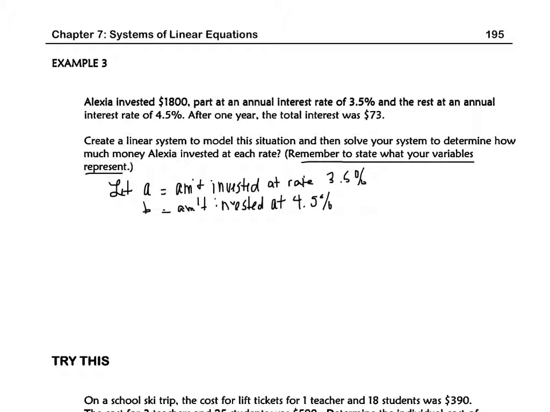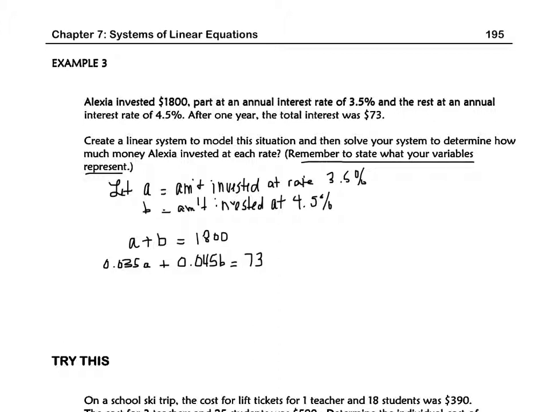Then our two equations involving those variables would be that A plus B, the two amounts invested, added up to $1,800, and the second one would be that the 3.5% of the first amount plus the 4.5% of the second amount give you interest of $73.